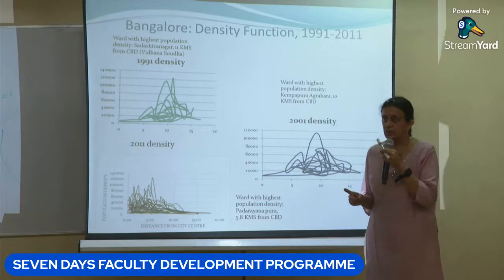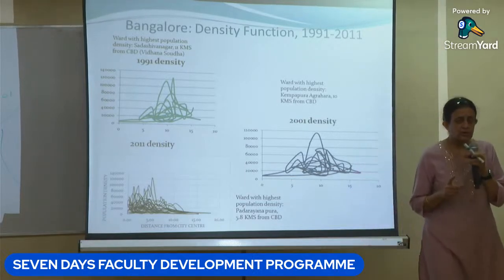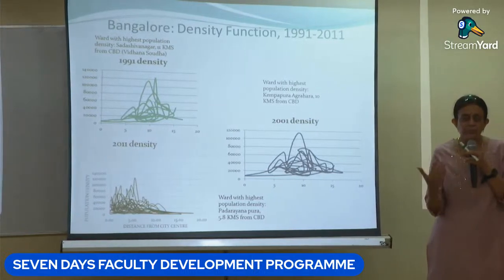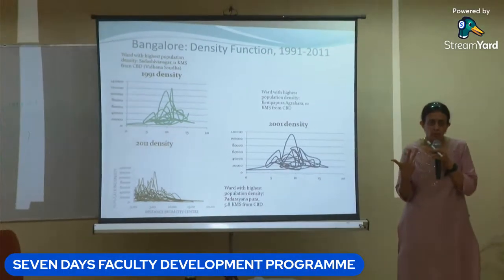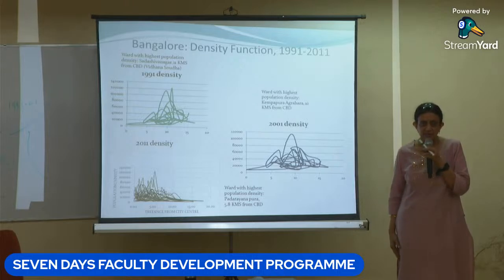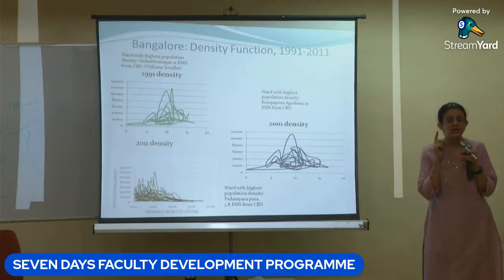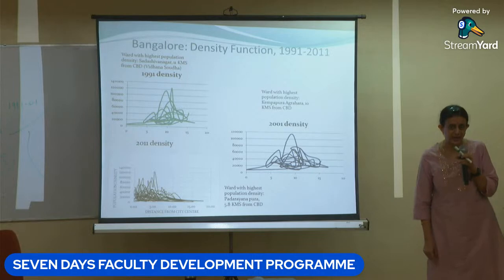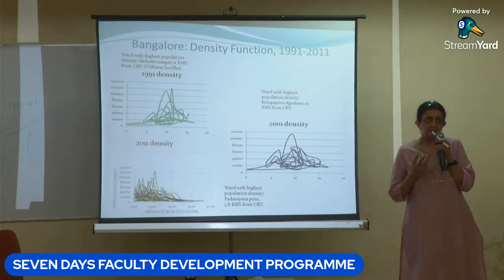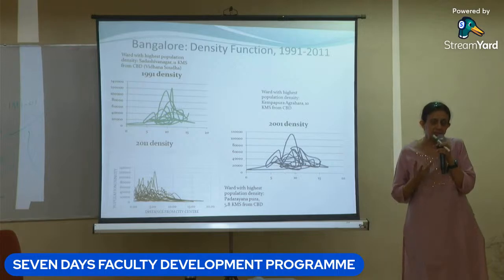See, one measure of how egalitarian a city is would be to know what is the percentage of population living within the first 10 kilometers of the CBD, and Indian cities rank very low based on that. In Bangkok, for example, this is about 60%, Seoul 60%.